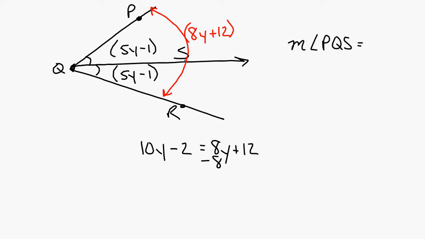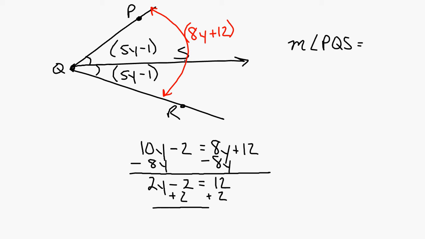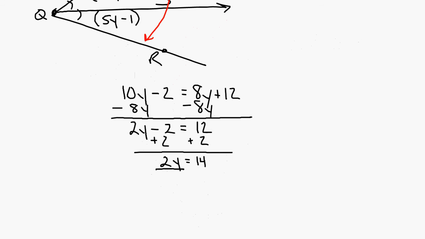So you can subtract 8y from each side. 2y minus 2 equals 12. Add 2 to each side. 2y is going to equal 14. And if 2y equals 14, you're going to divide each side by 2. And y is going to equal 7.